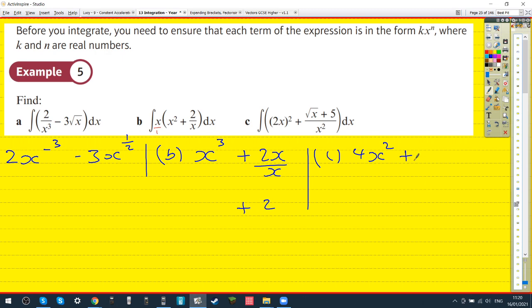Wait, would that be right? X to the power of a half, because the x on the top of the fraction would give you x to the half. Do you need to flip the fraction so the bottom x becomes minus? I would do it as times x to the minus 2, instead of divided by x squared. So it'd be times x to the half plus 5. Well done. And so what do you get when you expand that part?